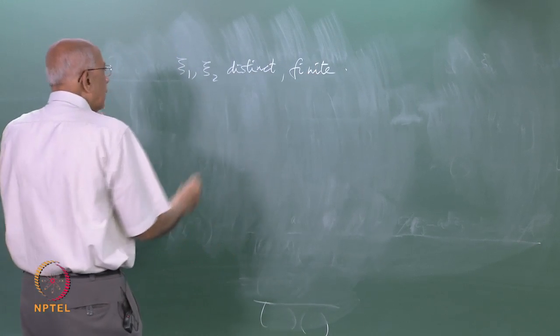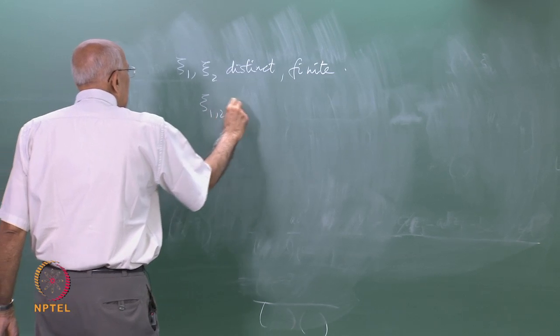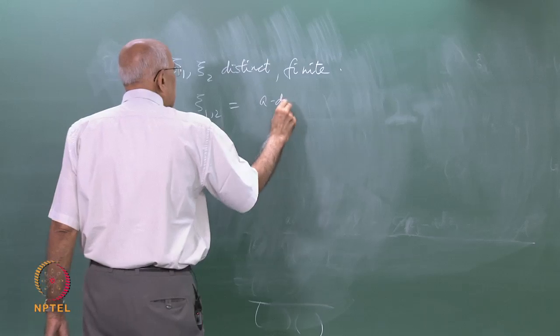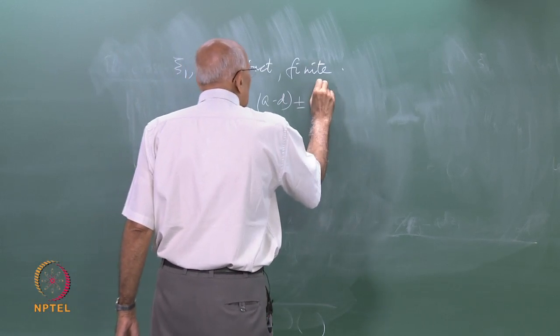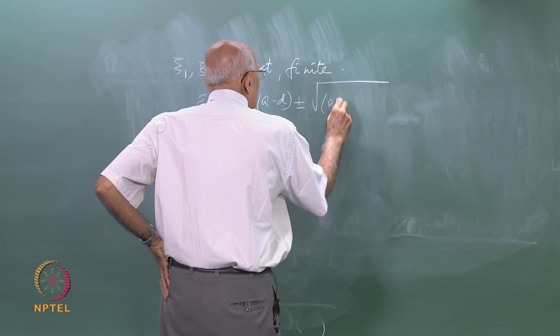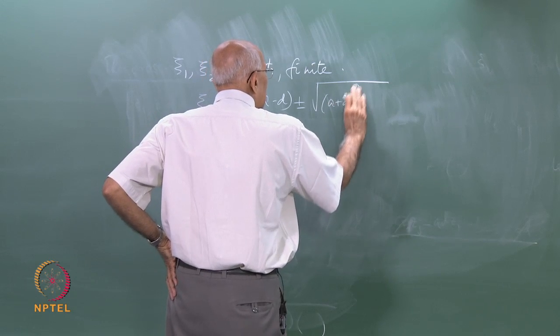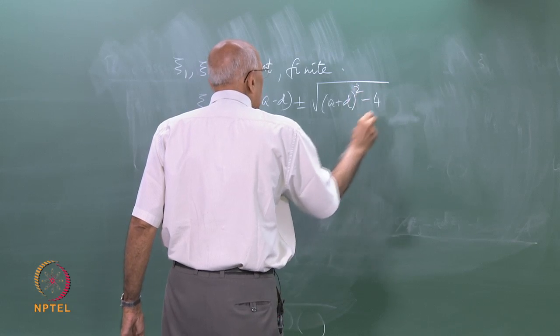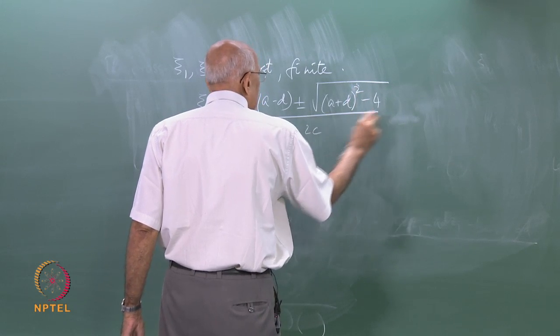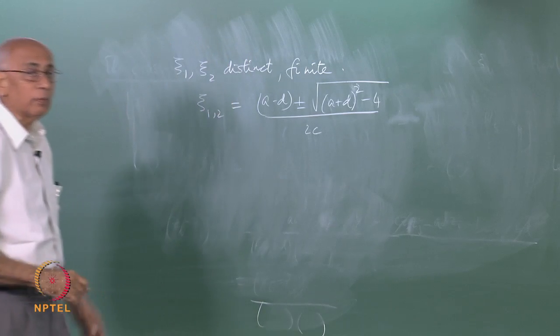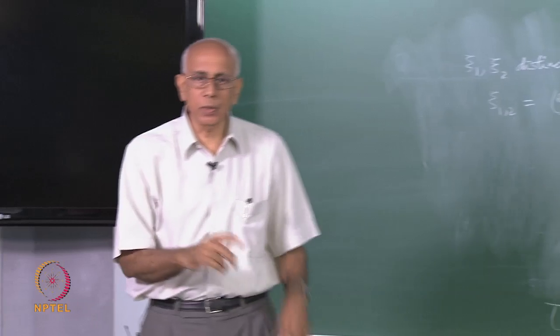In this case, remember that Xi1,2 was equal to a minus d plus or minus square root of (a plus d) whole squared minus 4, divided by twice c, where I have used the fact that AD minus BC is 1.